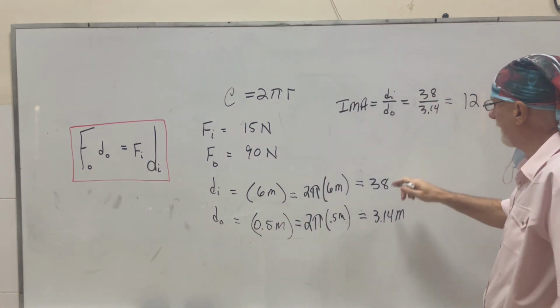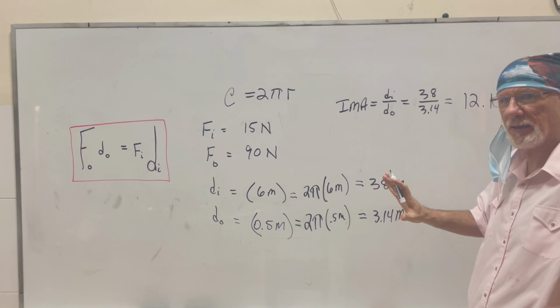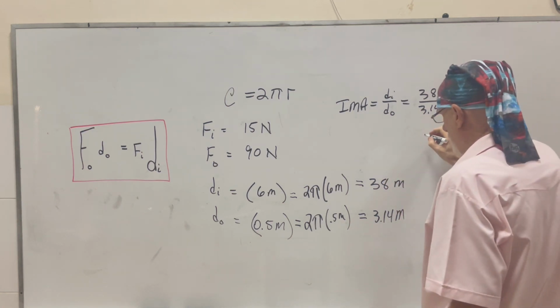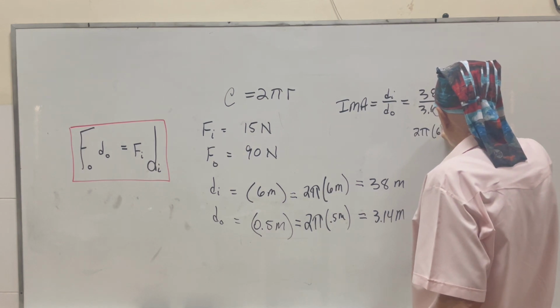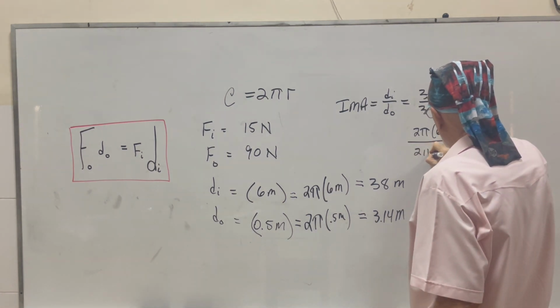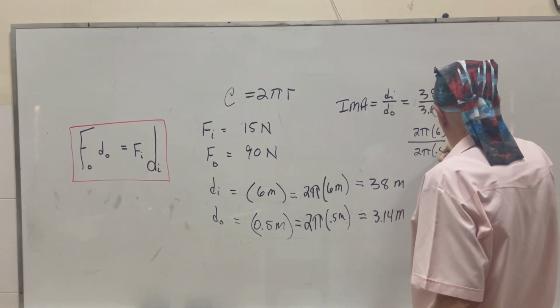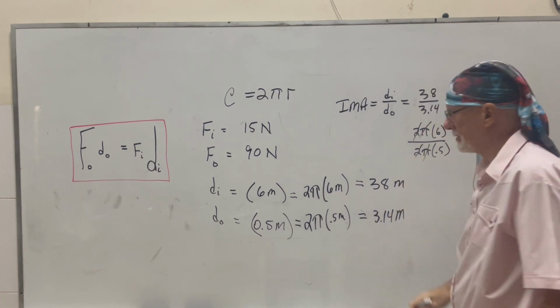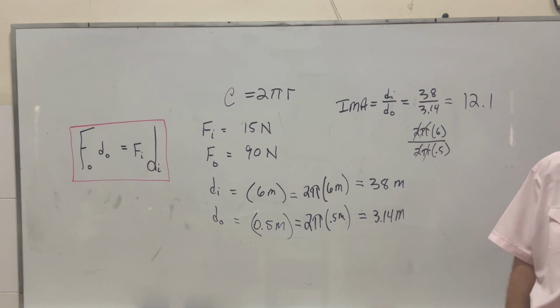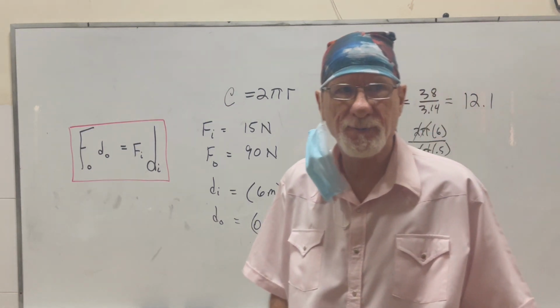But you didn't really have to do this. I'm just saying. Because this is really 2 pi times 6 over 2 pi times 0.5, and that cancels. So you could have just said 6 over 0.5.